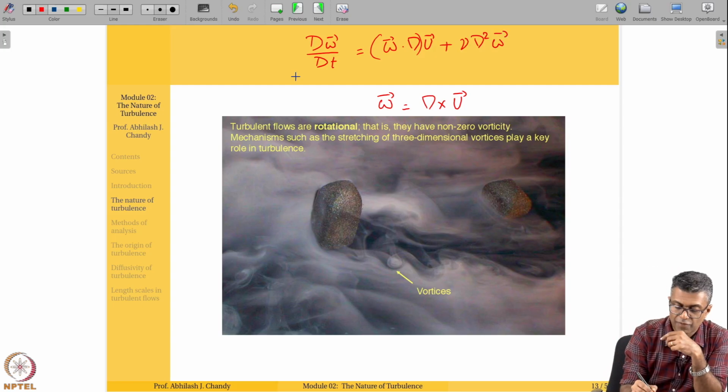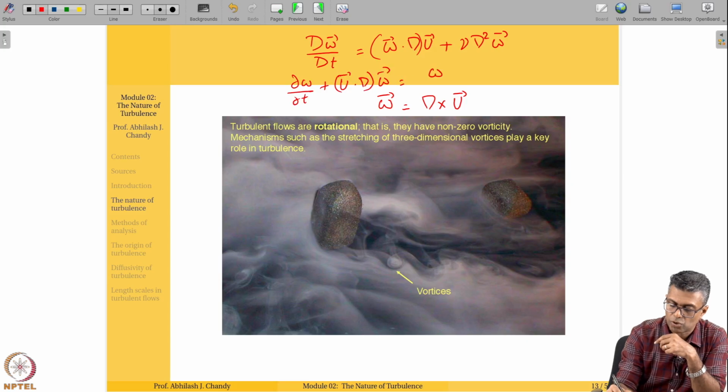So the left hand side is del omega by del t plus u dot del omega, equals omega dot del u plus nu del squared omega.